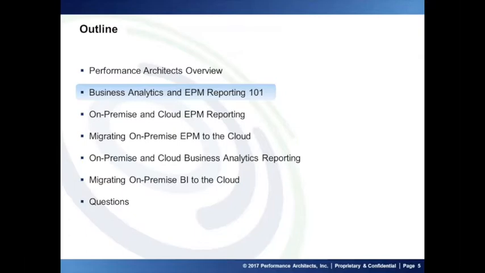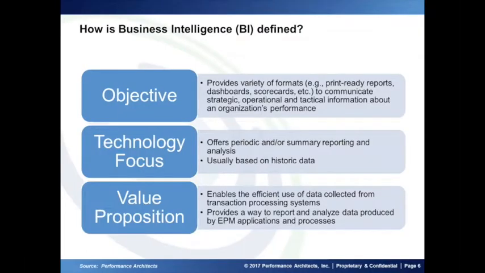So the first thing is to talk through a couple definitions. So how is business intelligence defined? At the end of the day, the objective of business intelligence is providing users, whether they be senior executives or business analysts, with information about strategic, operational, and tactical performance indicators about an organization.